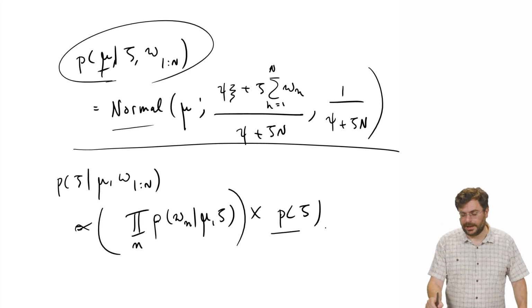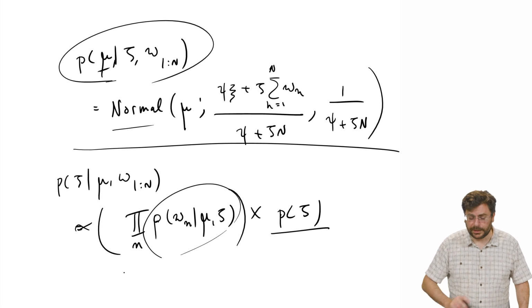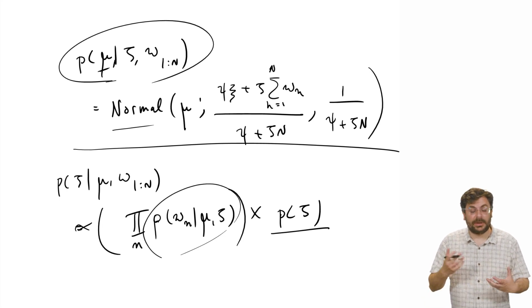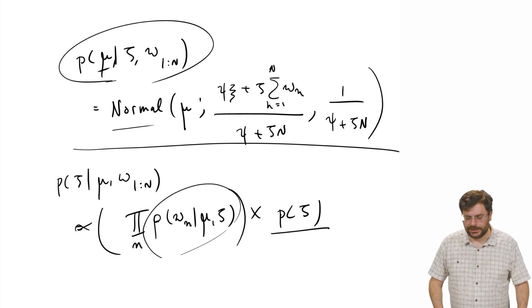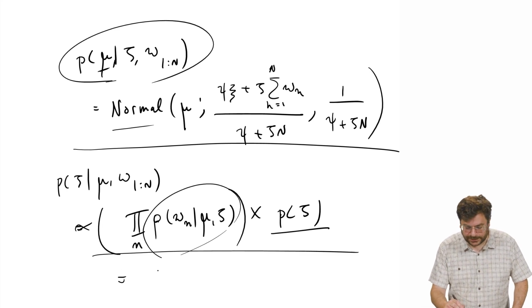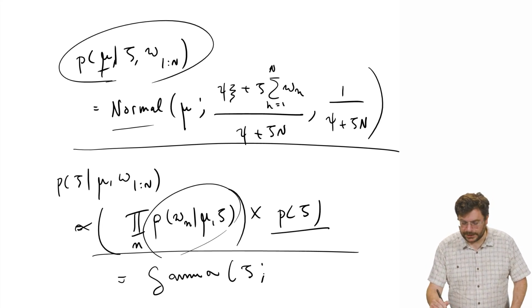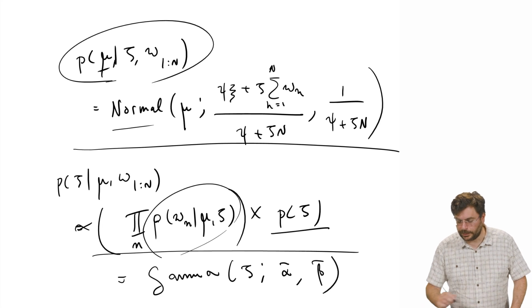Now remember, my p of tau is gamma, and we've gone through this example before where my likelihood has gamma-like behavior when it comes to the precision, right? So the normalization has a 1 over tau term, and the exponential is e to the minus tau multiplied by something. So this entire thing ends up being precisely equal, if I were to combine the terms, to a gamma distribution on tau with renormalized parameters.